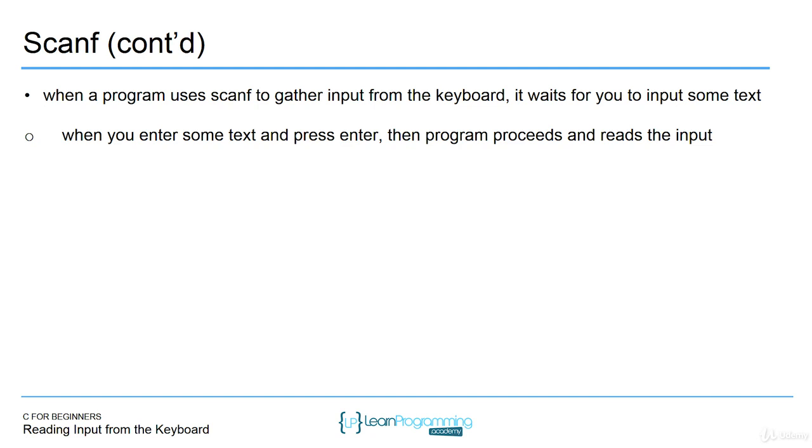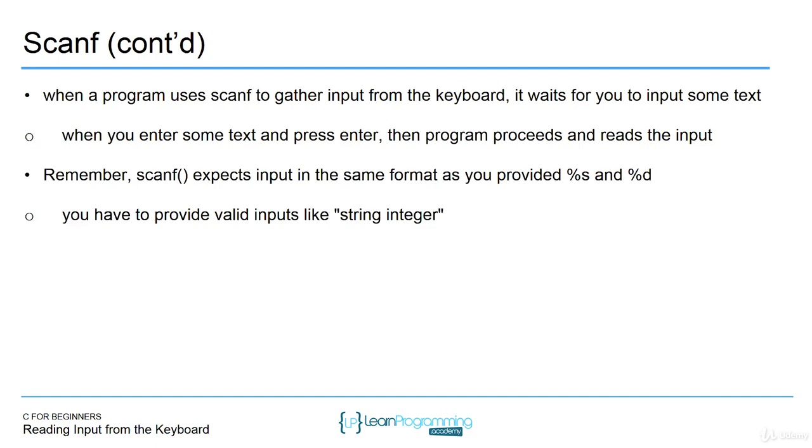Scanf expects input in the exact same format that you provided. If you say %s and %d, that means you have to provide a string followed by any number of spaces, followed by an integer. A word and a number. String is a word, integer is a number.